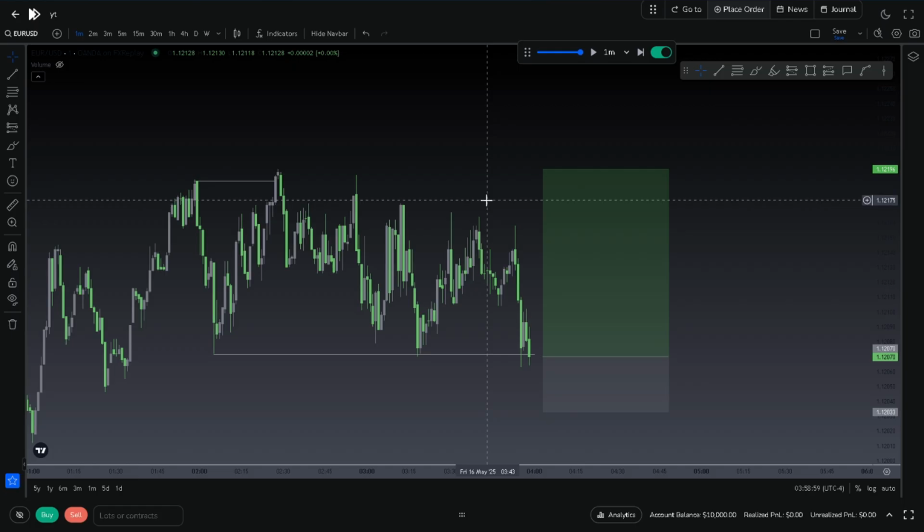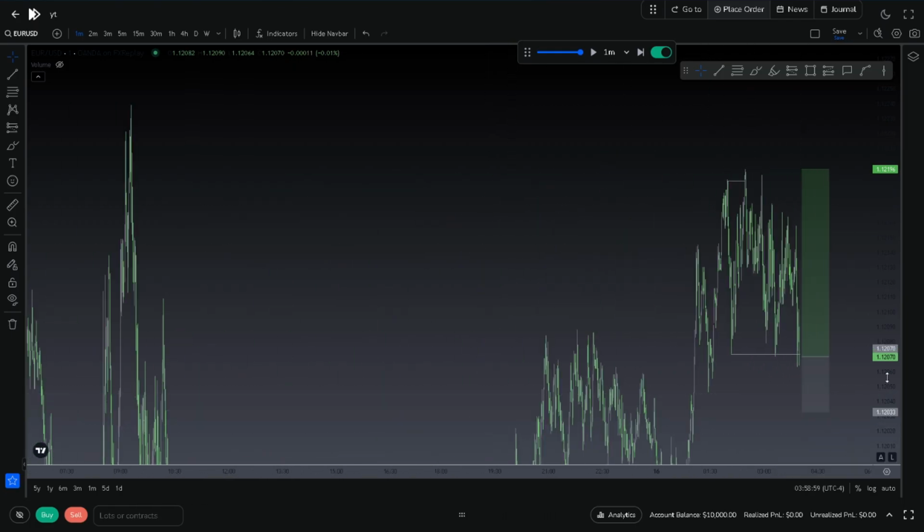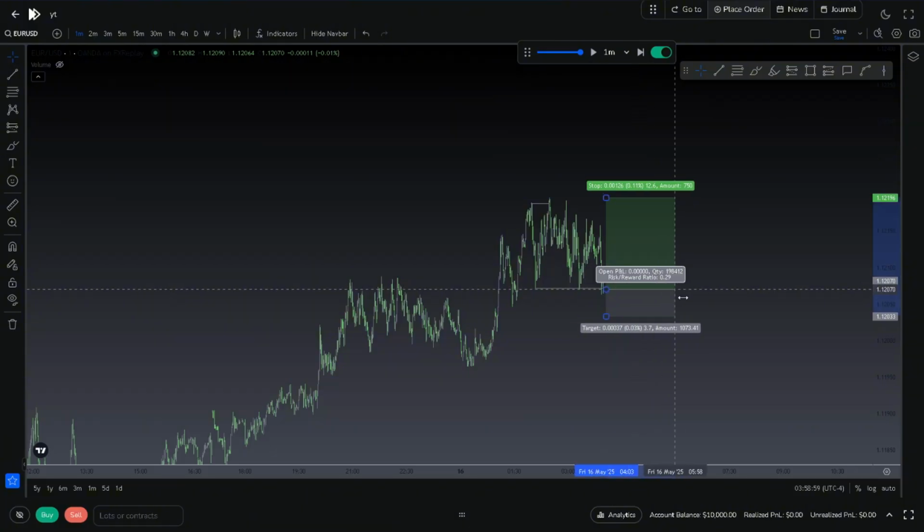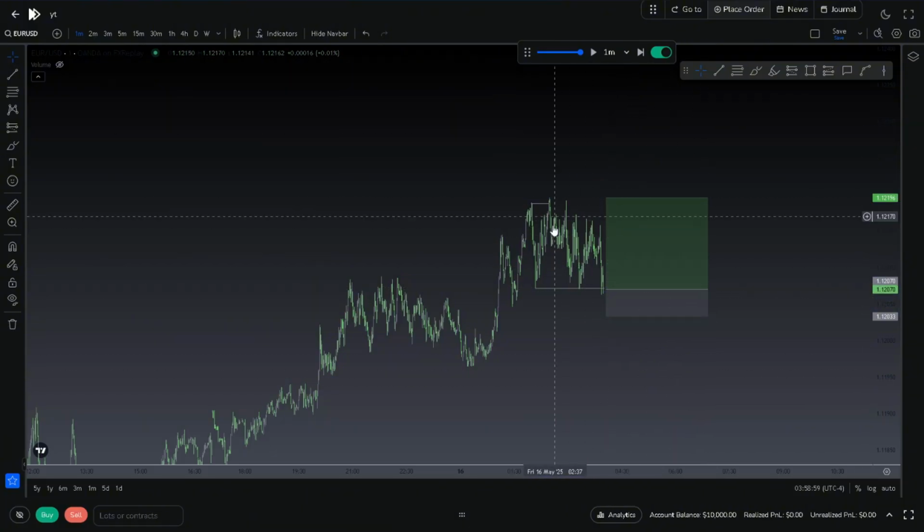And then we'll just target the actual 15-minute structure, because now the 1 minute structure is aligned externally.